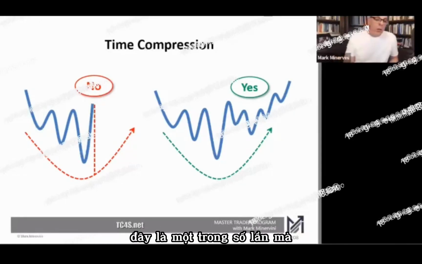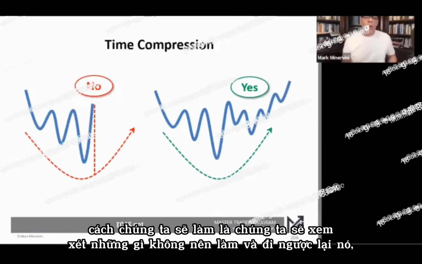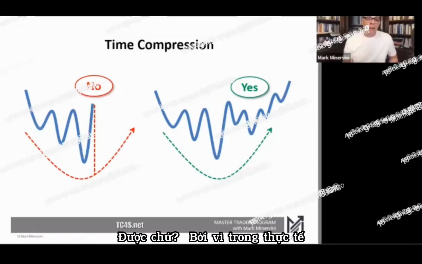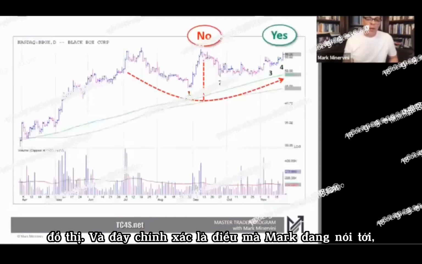And this is one of those times where we're going to look at what not to do and contrast it. Because what not to do usually occurs before what you should do within the same chart.